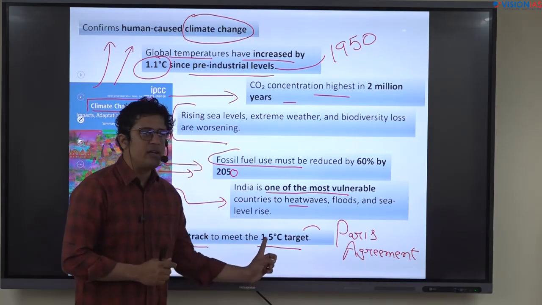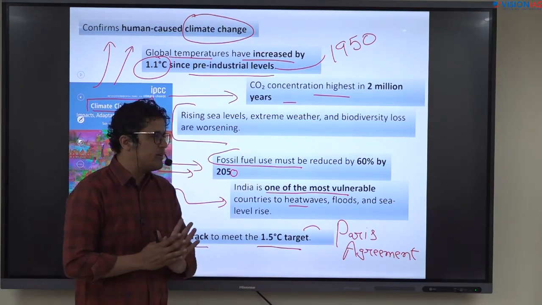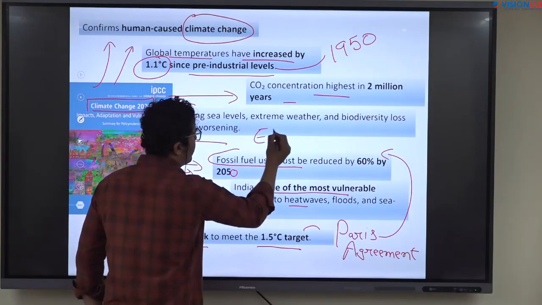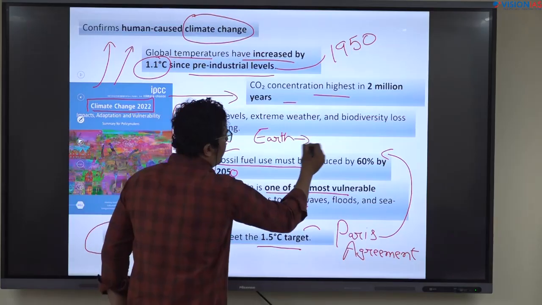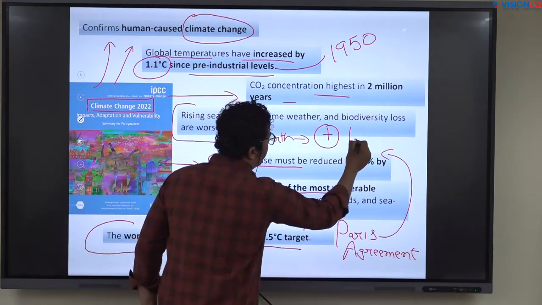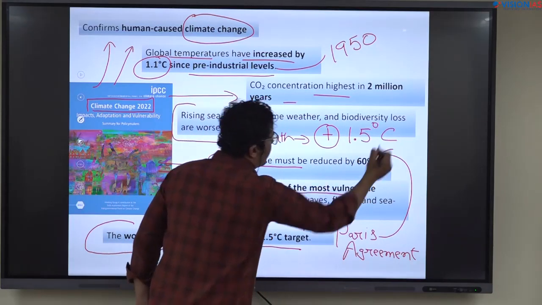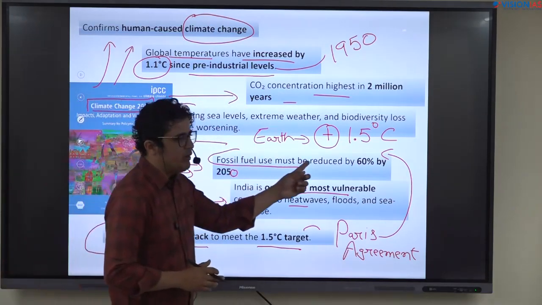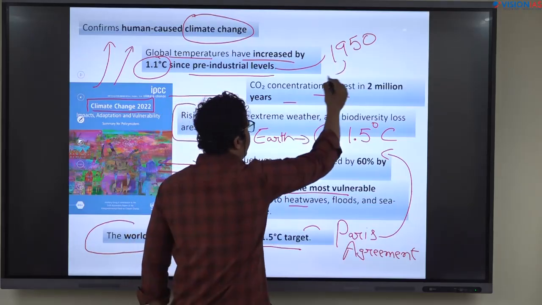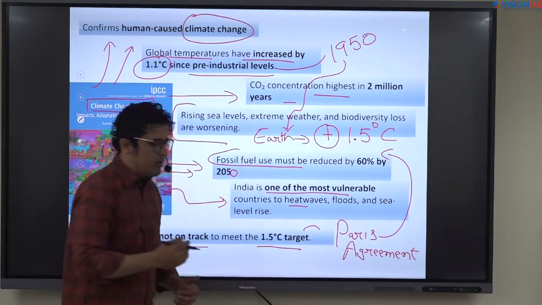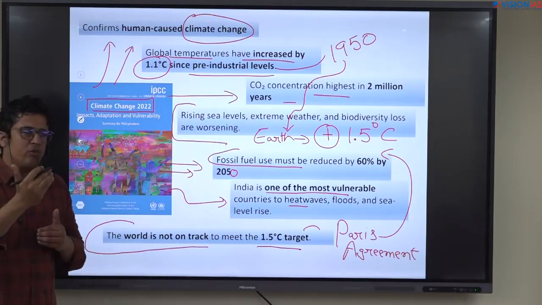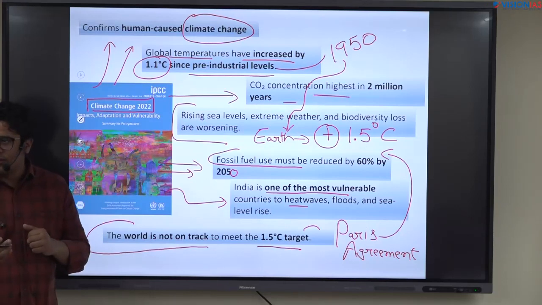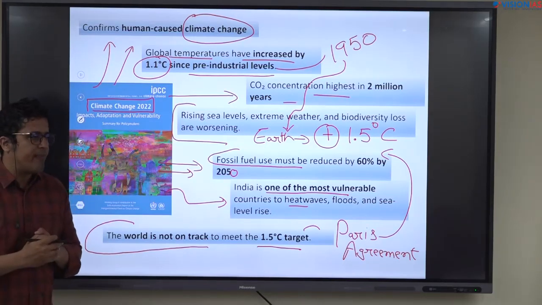We can manage an increase of 1.5 degrees Celsius. So the Paris Agreement says we should try to limit global warming to this level. Whatever the temperature was in 1950, it should increase up to 1.5 degrees Celsius only. If we go beyond this, then there would be so many problems.